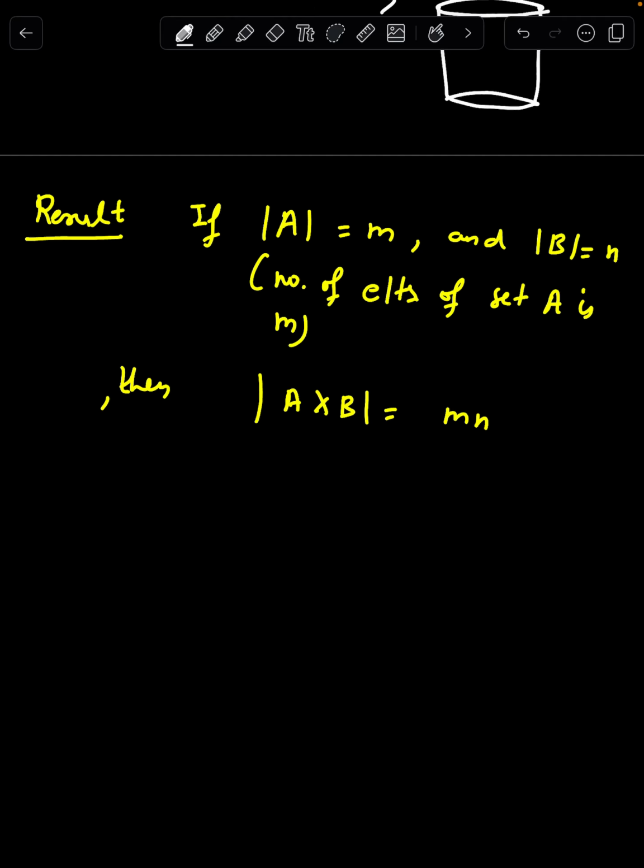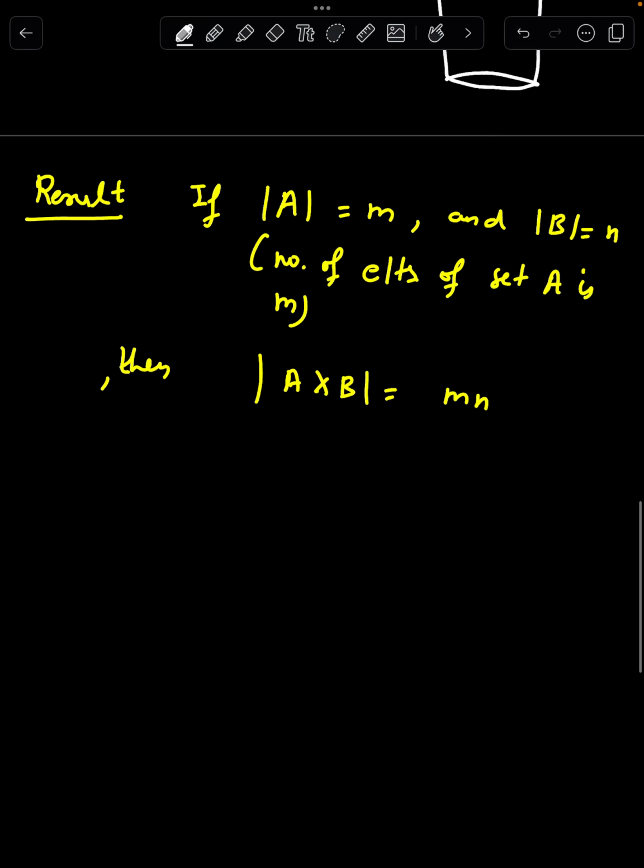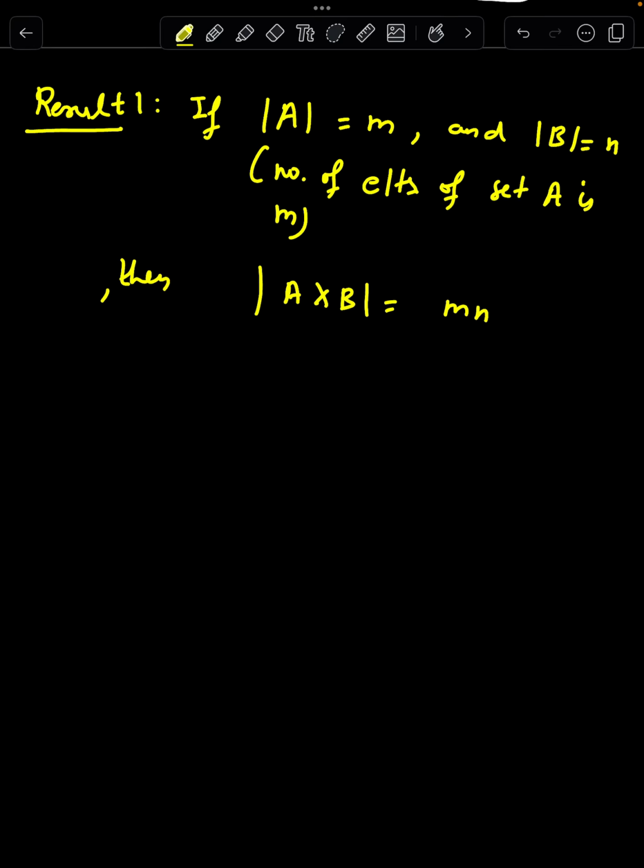Okay, so this is one result, and another result. How many subsets are there for A cross B?